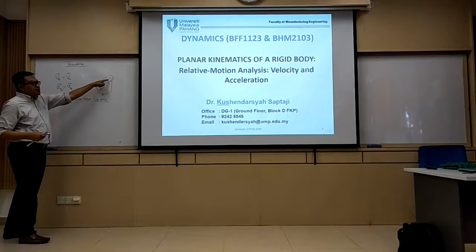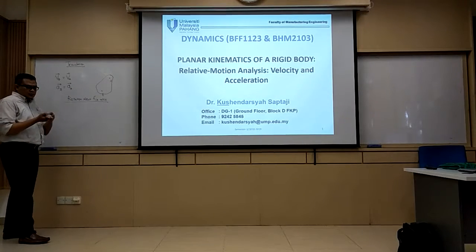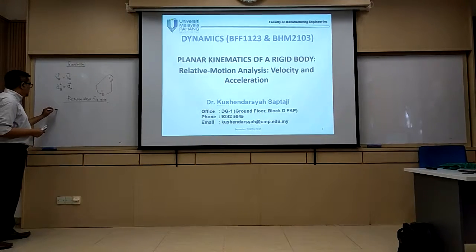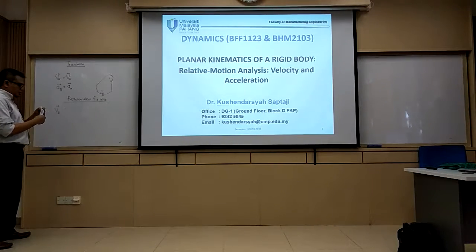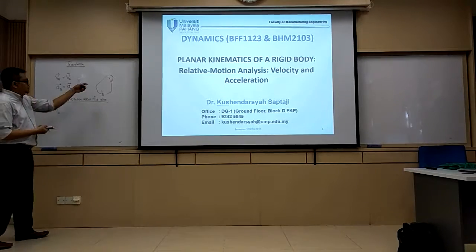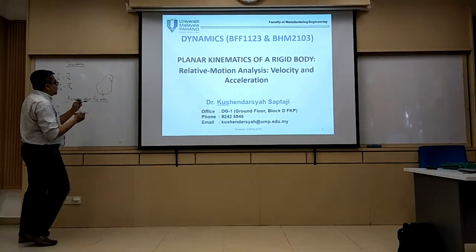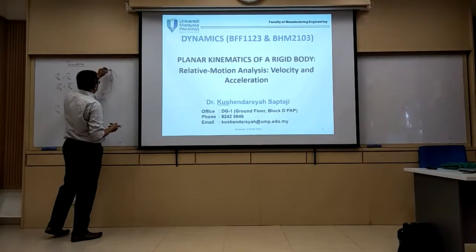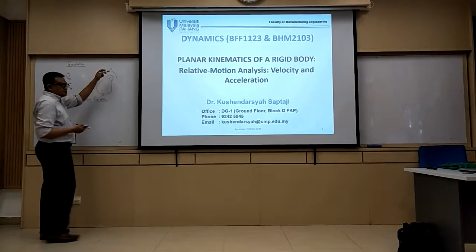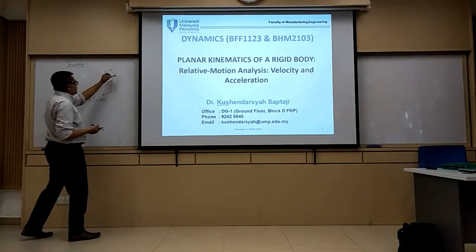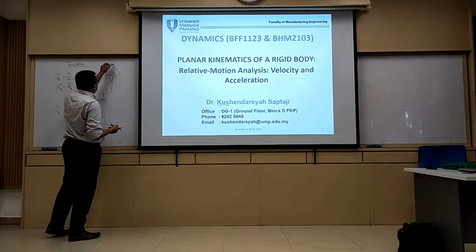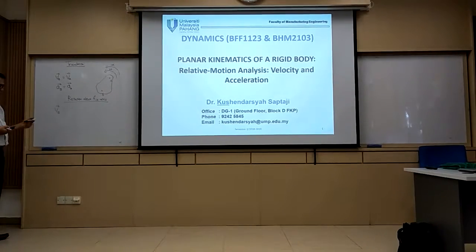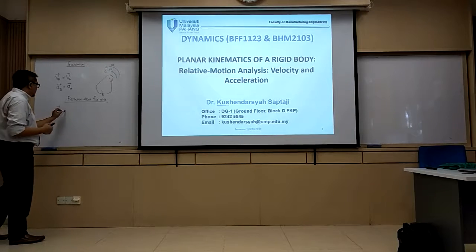Then point A is the fixed axis, so that when we try to find the velocity of B, and maybe this rigid body rotates counterclockwise with the angular velocity and then angular acceleration counterclockwise. So what is the equation for the velocity?